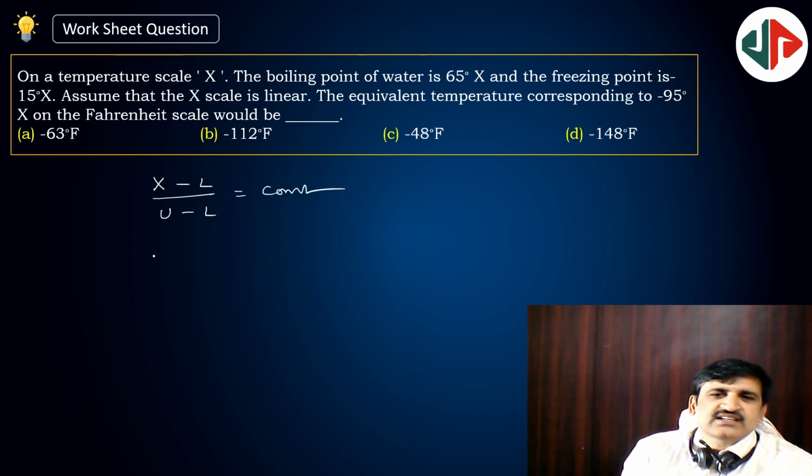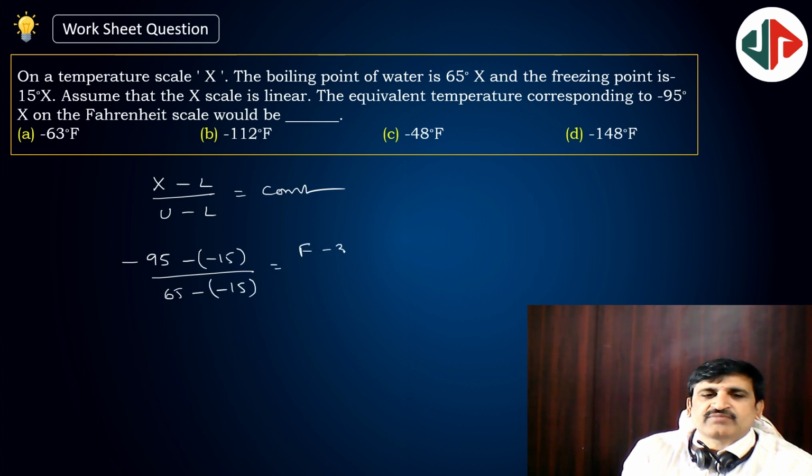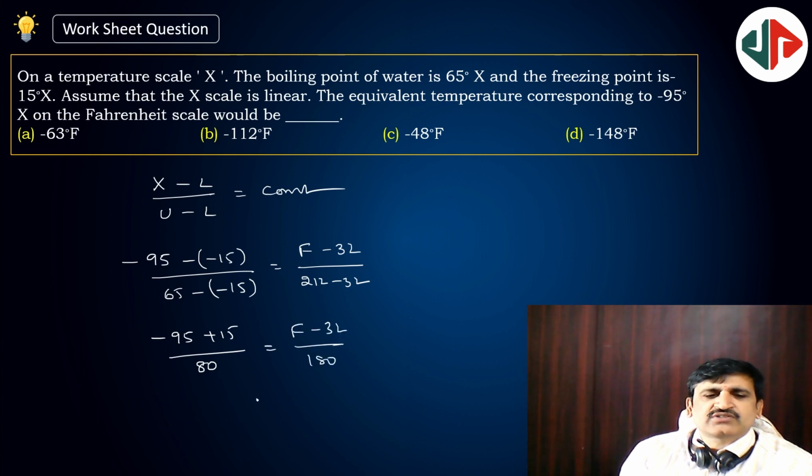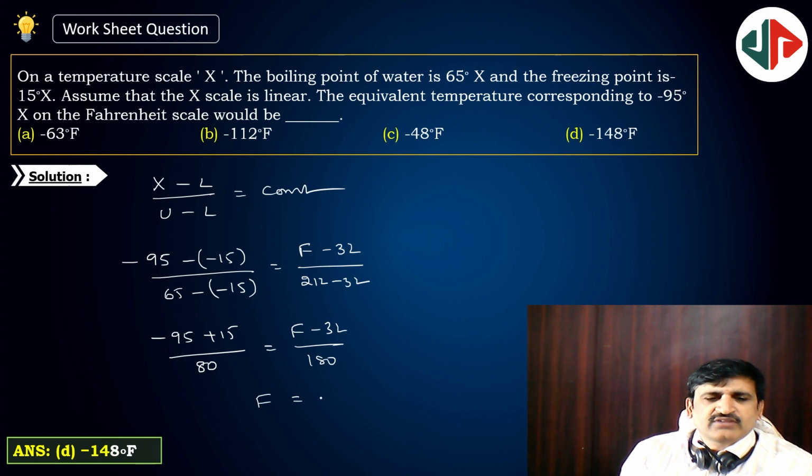So using this, (minus 95 minus LFP, which is minus 15, not plus 15) by (UFP 65 minus minus 15) is equal to (F minus 32) by (212 minus 32). So (minus 95 plus 15) by (65 plus 15), which is 80, is equal to (F minus 32) by 180. So F is equal to, I don't want to waste time, minus 148 degrees Fahrenheit. Next.